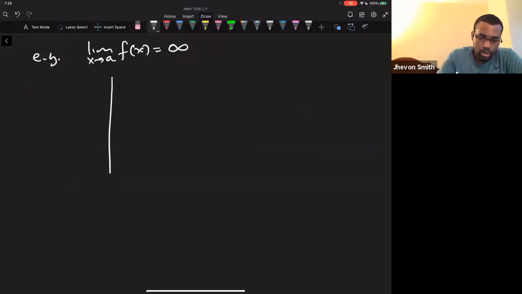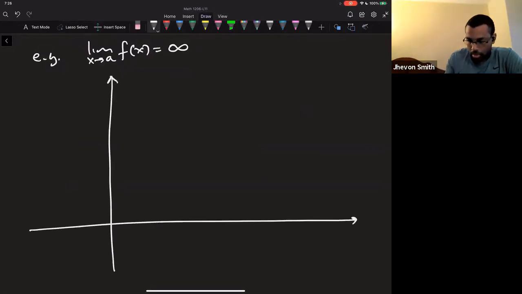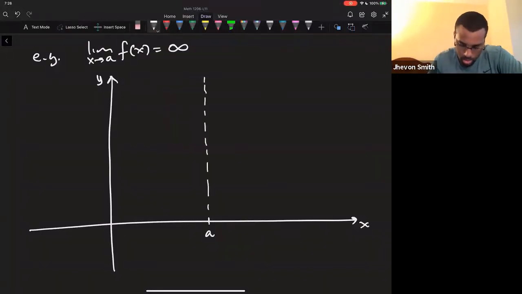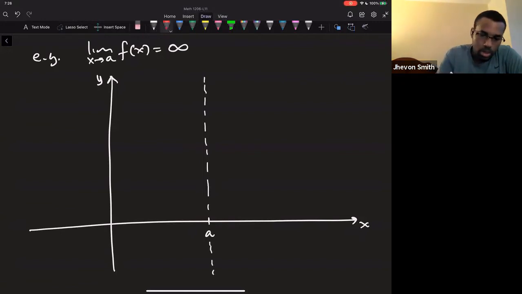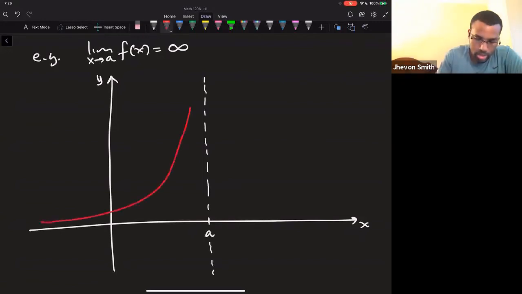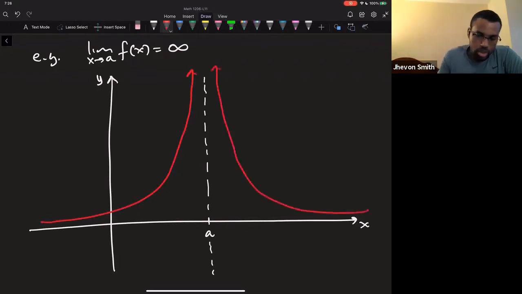Just to illustrate what I mean here: you have a function doing this, a function doing that. And someone comes and says, I'm going to pick a number m, right?